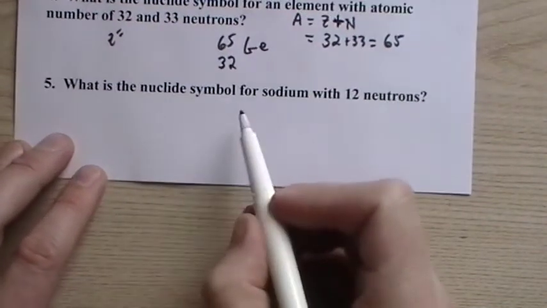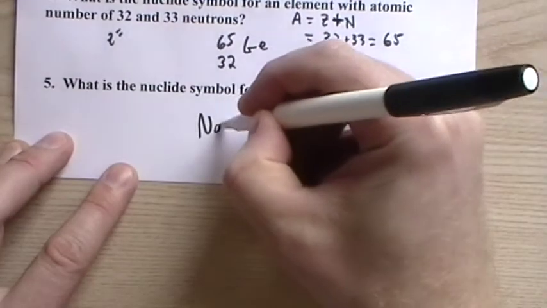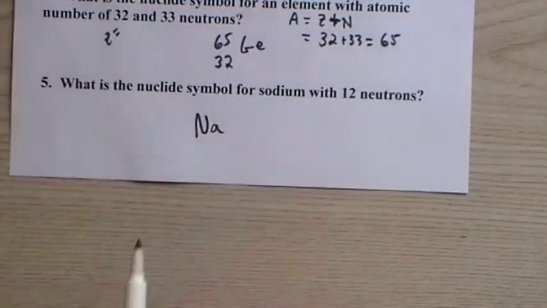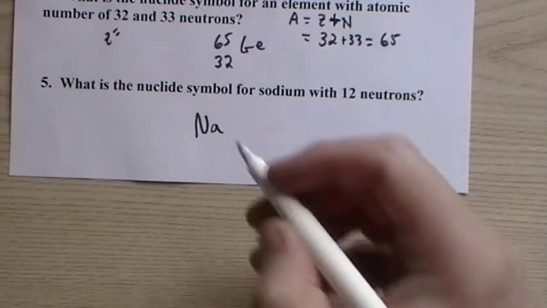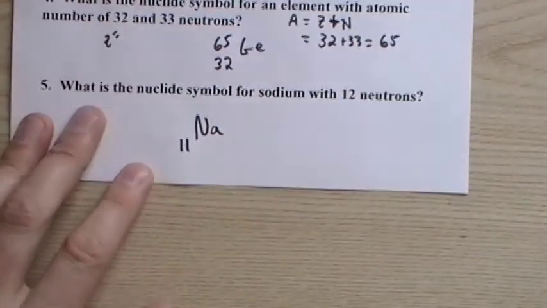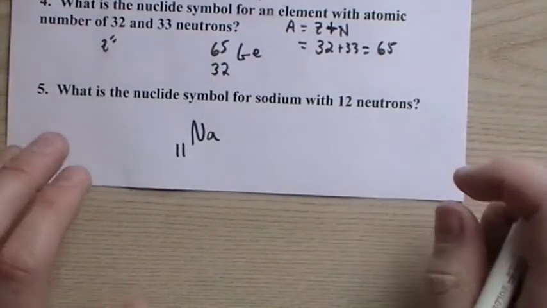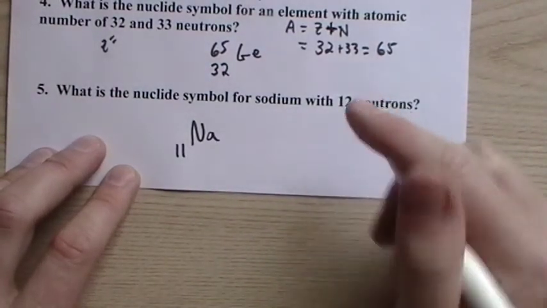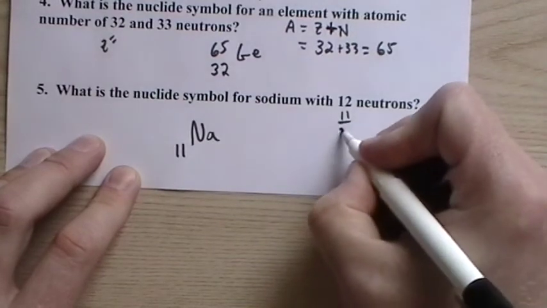Here's another one. What is the nuclide symbol for sodium, with 12 neutrons? Well, we need to know the atomic number. I know that offhand, but I'm going to double check. It's 11. It's one of the last ones that I know offhand. 1 through 11 is usually what I can remember without consulting the periodic table.